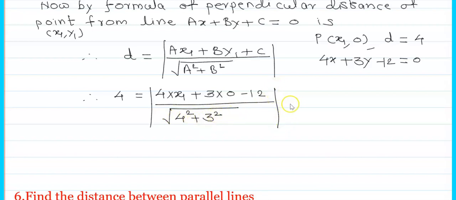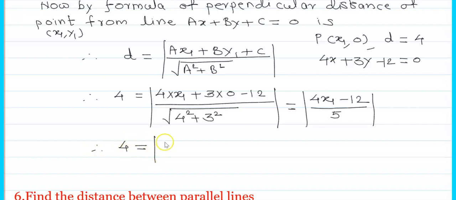And that is equal to 4x1 plus 3 into 0 minus 12 upon, it's a square, and the square root of 25 is 5. And therefore here we can write 4 is equal to 4x1 minus 12 upon 5.